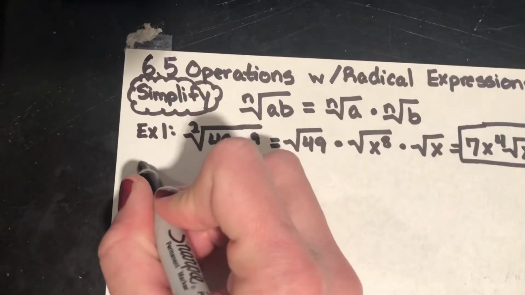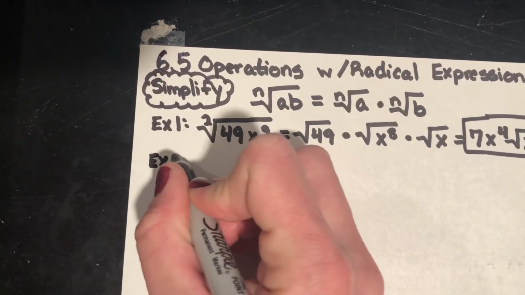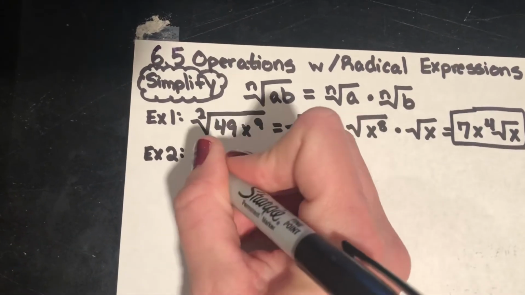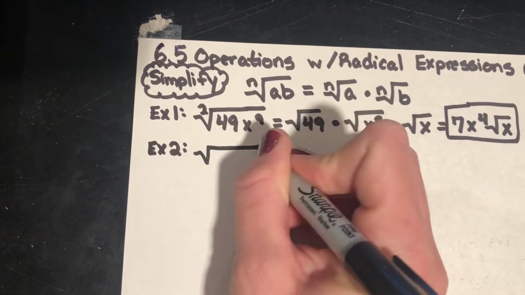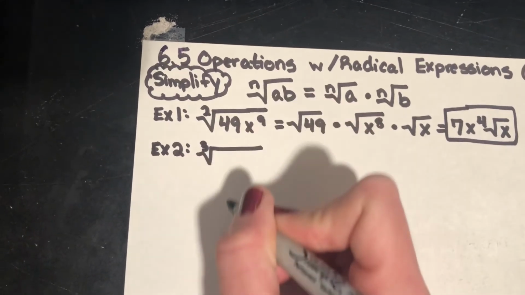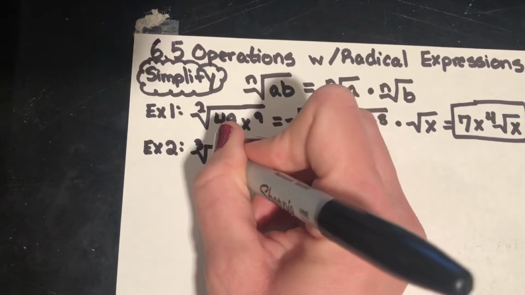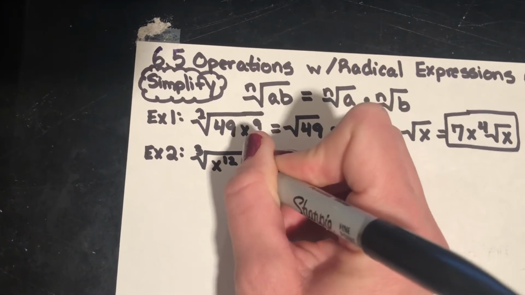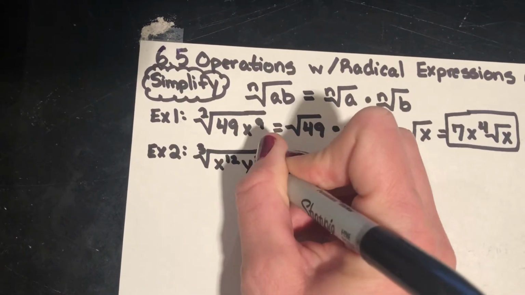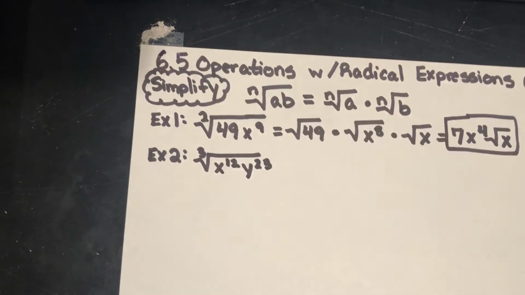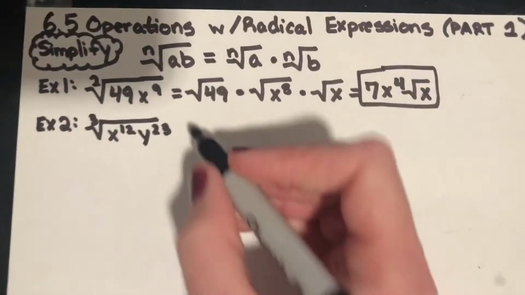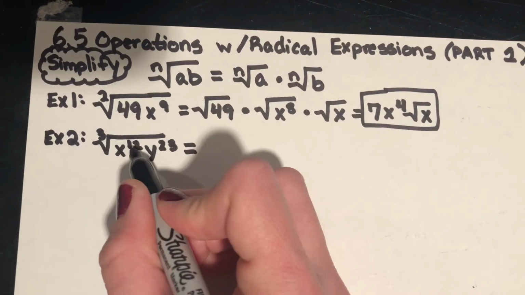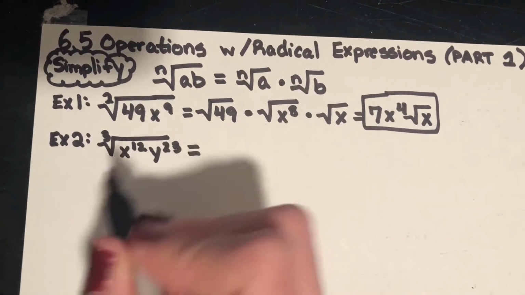Let's look at another one that also has to do with nth roots, except that is not a square root. Let's look at the cubed root, so that's a 3 right there, of x to the 12th y to the 23rd. All right, I want to split this up. I'm looking at my exponents. 12 can be divided by 3.